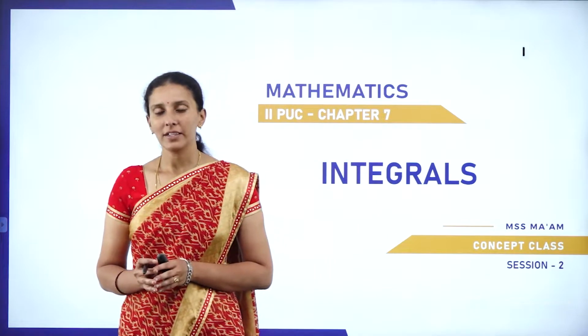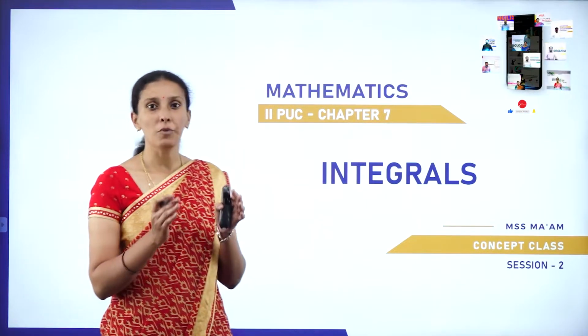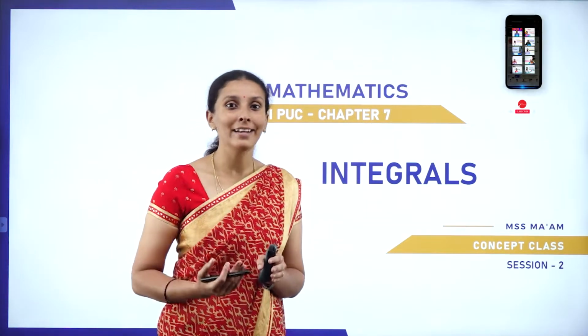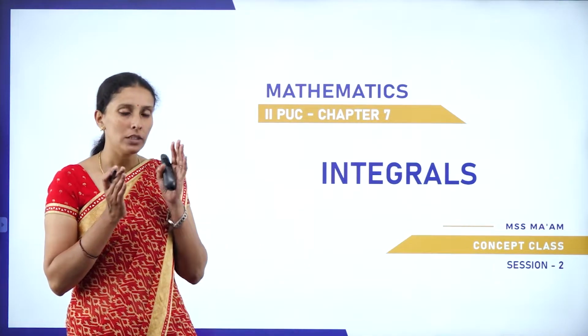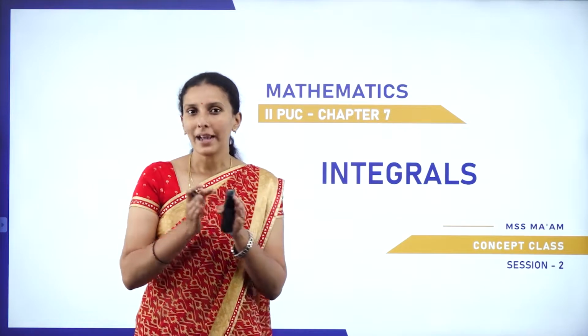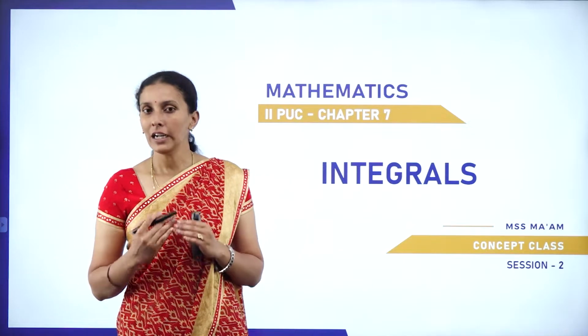So from the previous session, we have started with the chapter integrals and we have studied some of the standard integrals, that is the antiderivative of the given derivative of a function. So when you know the function and its derivative, by the method of inspection, we can also find the integral of the given derivative.